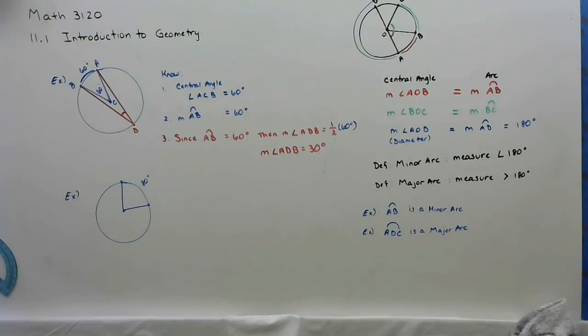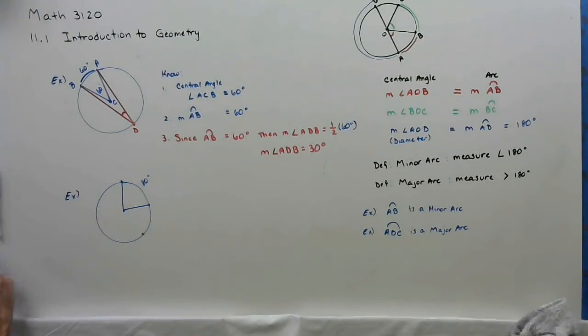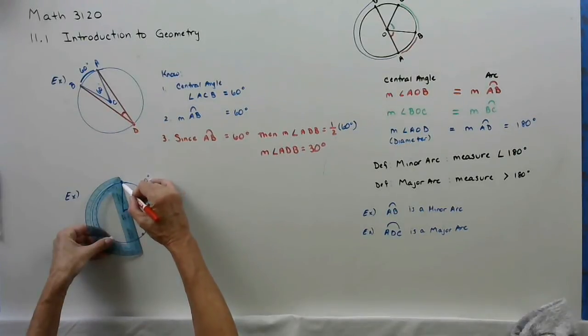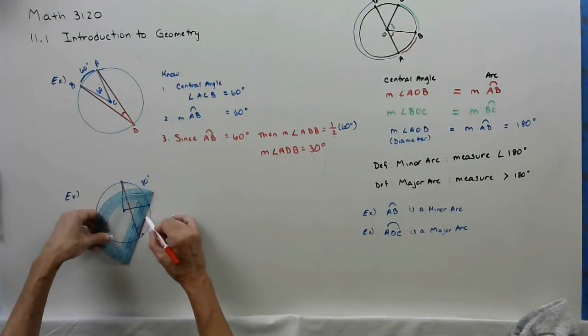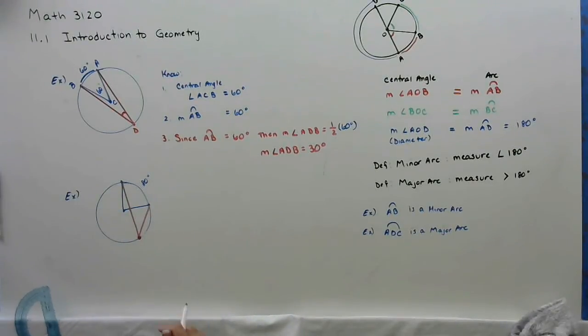If I go to any other point on the circle, I'm going to choose this one. And if I connect these together using the exact same arc, I'm going to move my point down here. Sorry, guys, my finger slipped.